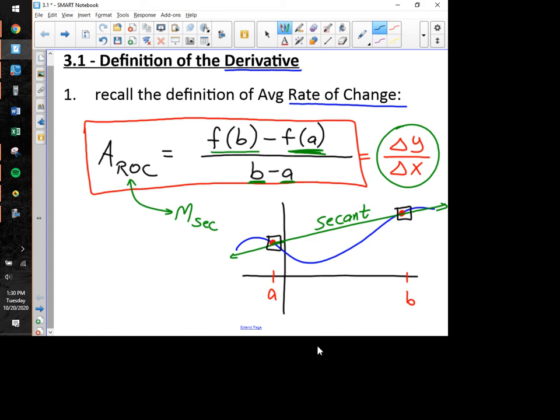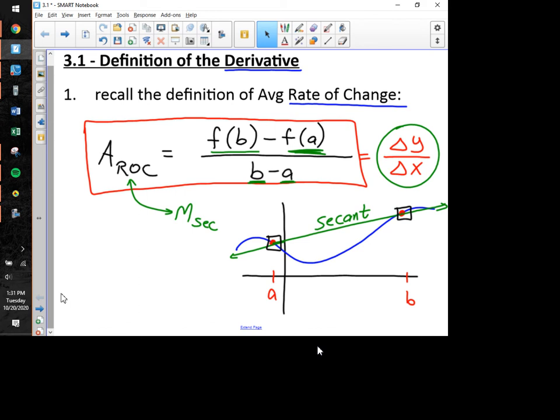And what we are really interested in here, and we flirted with this idea just a little bit at the beginning of chapter 2, as we were starting to begin the process of limits, is that it really wasn't all that difficult, it wasn't all that complicated to find one of these two things: an average rate of change or the slope of a secant. But what we really were interested in as we moved on was finding not an average rate of change, but an instantaneous rate of change.